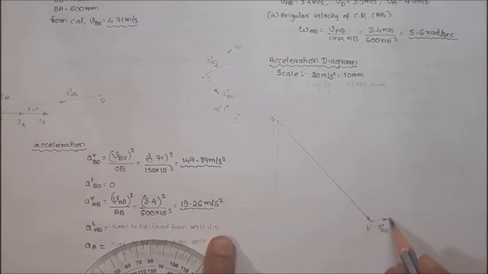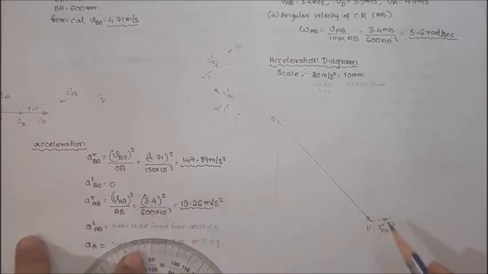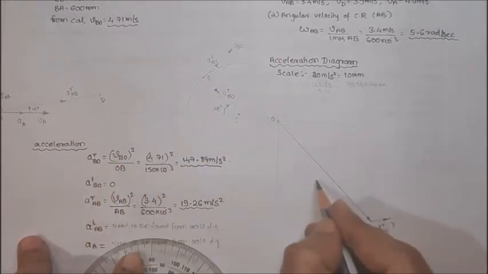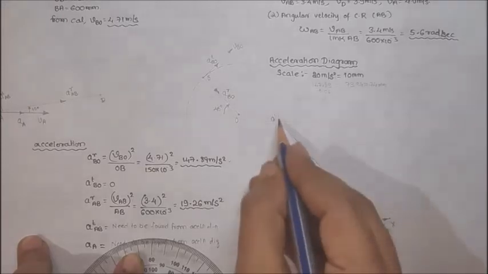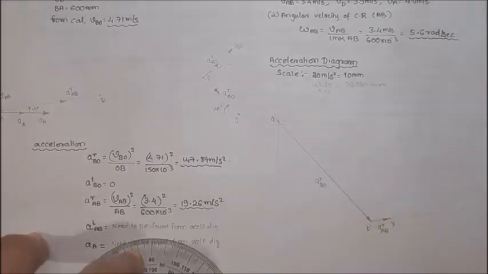So here we have 10 mm, which is equal to 19.26 meter per second square from here to here, that is X, radial component. So this will be parallel to this line, and here we have the acceleration radial component of B with respect to O, that is downward.